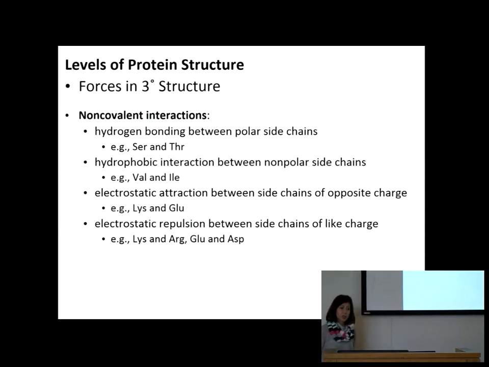So it will be negatively charged. So if we have a positively charged basic side chain and a negatively charged acidic side chain, they're going to be attracted, cation to anion.